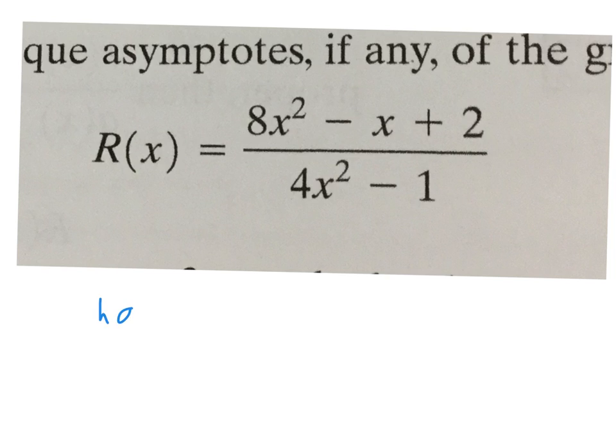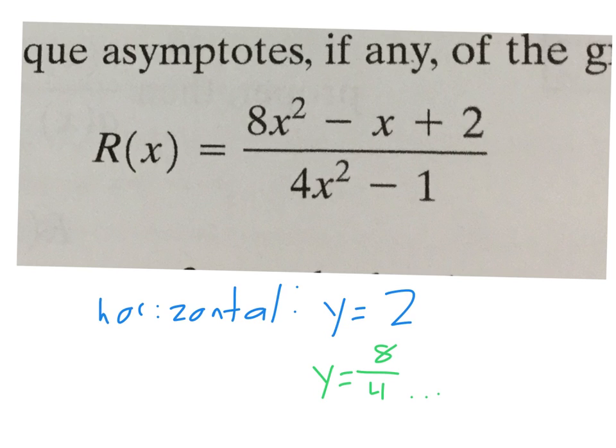It's going to be horizontal. And where is it going to be at? It's going to be at y equals 2. How did you get that? Because we do the leading coefficient of the numerator divided by the leading coefficient of the denominator, which simplifies to be 2. Okay? Very good.